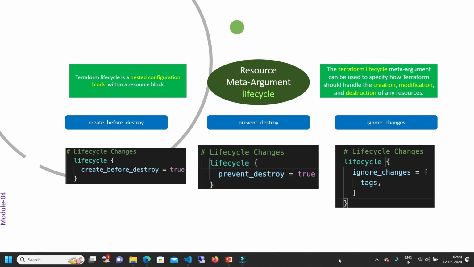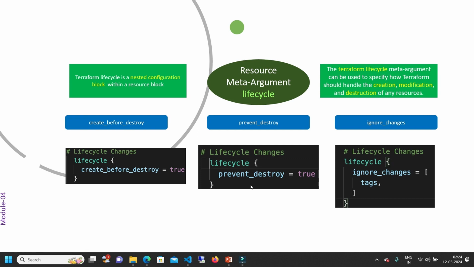Fine. Now let us understand prevent destroy. Prevent destroy is nothing but avoiding destroying a specific resource. It could be any resource type. Let me show you. By default, it is false, but you can set it to true.